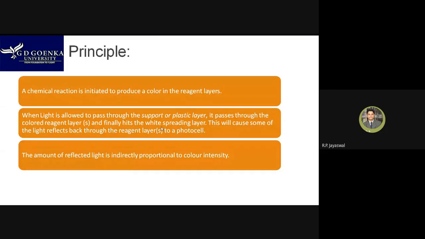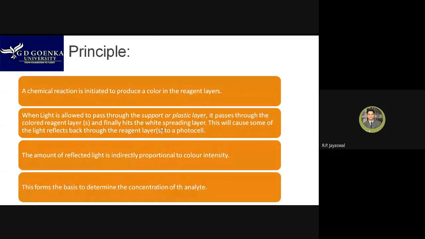So the lower the intensity of the reflected light, the more intense the color of the reaction mixture. The reaction mixture will absorb more light, and accordingly the reflected light will be lesser. So the photodetector will detect the reflected light, and based on that we can give the results. This forms the basis to determine the concentration of the analyte.